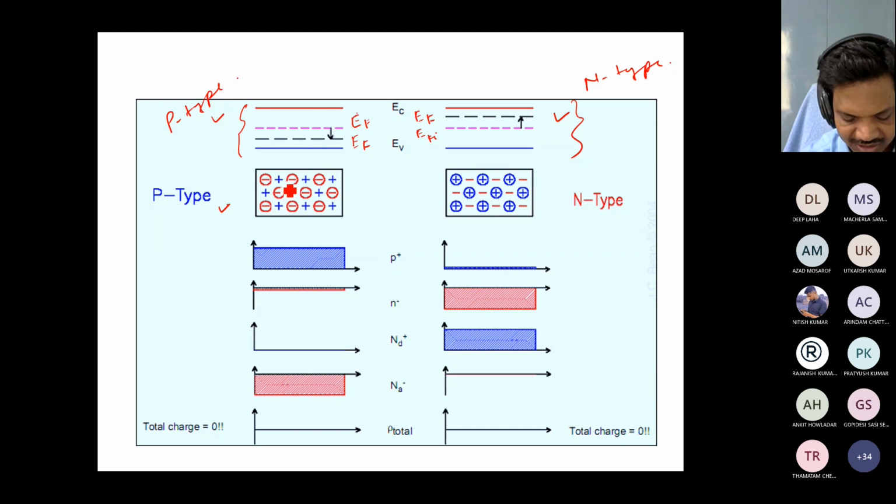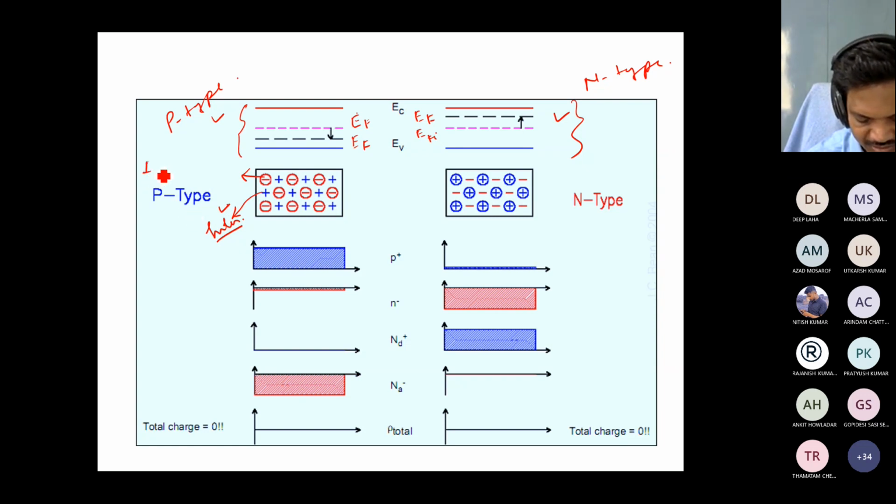And this plus sign, what does it indicate? The plus sign indicates the generation of holes. These are the holes. And this encircled minus sign, what does it indicate? Can you tell?